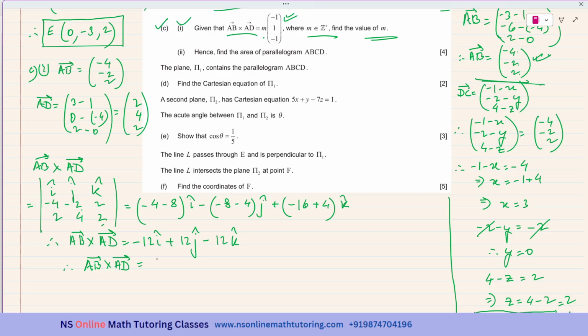I can take out negative 12 or positive 12, but here they are saying m is a positive integer, and the minus 1 is inside. So I can write it as 12 times -1, 1 and -1. Therefore, m is equal to 12.